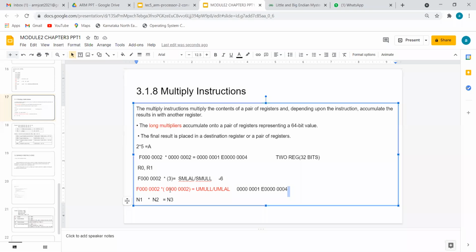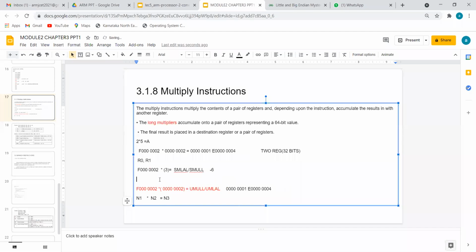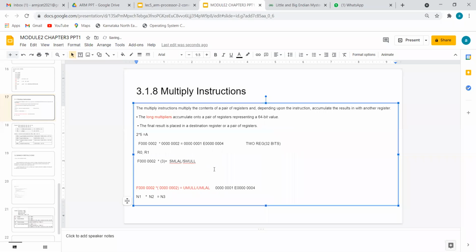Today's point of discussion is signed long multiplication, or signed long multiply and accumulate. Here we compulsorily have to consider the polarity. To consider polarity, expand that number. What is F1111? The remaining will be a bunch of zeros, which I leave to your imagination.